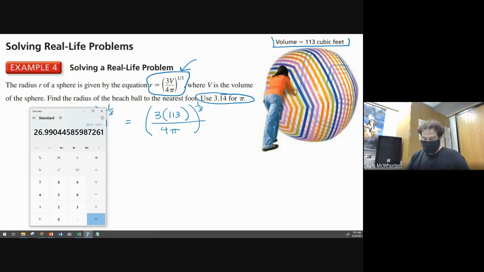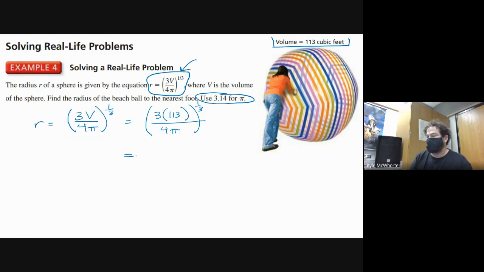And we get about 26.99, to the 1/3 power. But the 1/3 power is just the cube root, right? So this is the cube root of 26.99-ish.